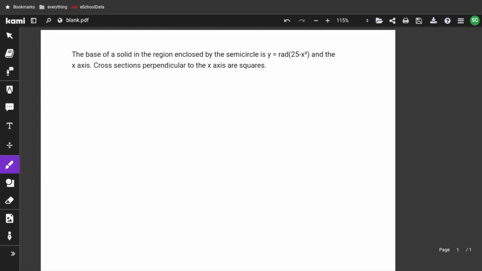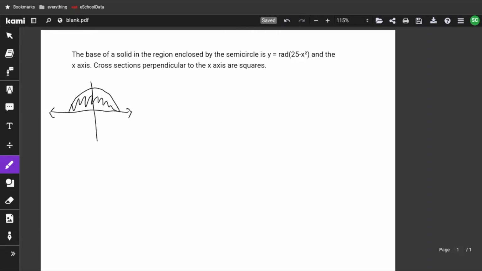So let's graph this first so we know what we are looking at. It is a semicircle of root 25 minus x squared, which will look something like this. It is enclosed between the x-axis and this equation, so the area will be that shaded region.